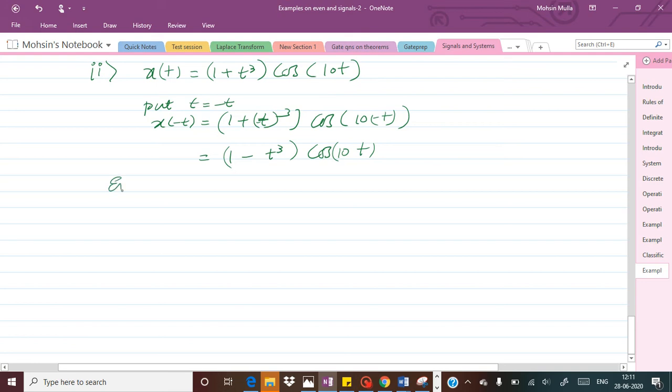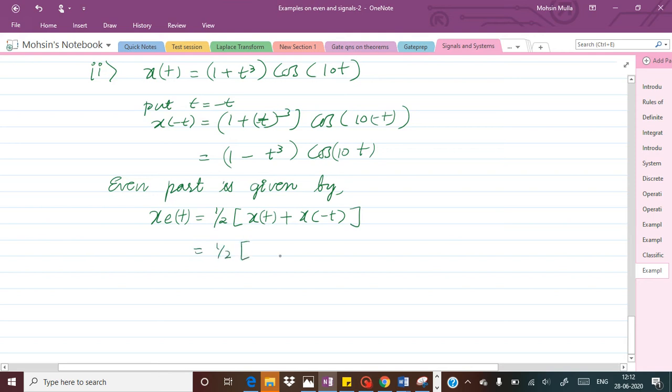So now the even part is given by x e of t equal to 1 by 2 times, substituting the two terms x of t and x of minus t, x of t is 1 plus t cube cos 10t, then plus 1 minus t cube cos 10t.